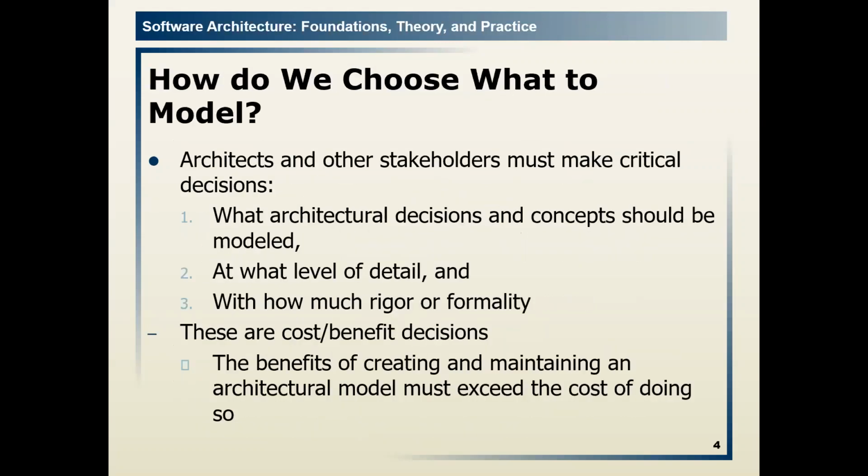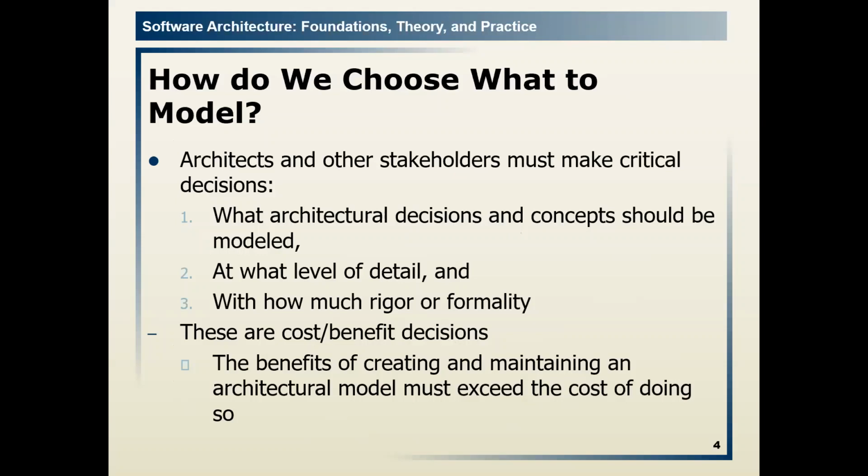Then how do we choose what to model? Choosing what to model is another problem we have to address. Architects and other stakeholders must make critical decisions about what architectural decisions and concepts should be modeled, at what level of detail, and with how much rigor or formality. These are the main questions that need to be answered when deciding about the architectural models.